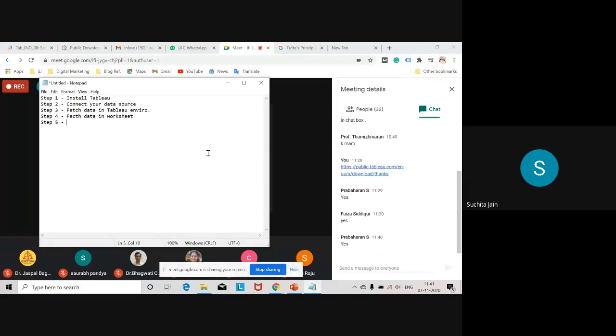It could be an Excel sheet. It could be any data on the server. Then fetch data in the Tableau environment, fetch data in the worksheet, and then you start working on the data. Any questions till now?